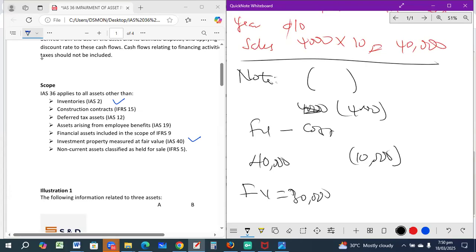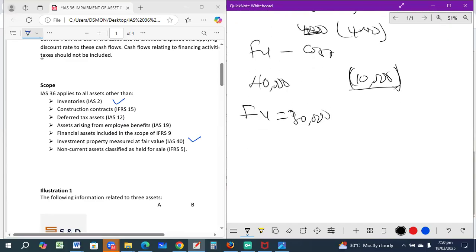So if the question says the cost to sell is put in a bracket, please remain with the amount without deducting the amount in the bracket. I repeat, be careful of amounts in brackets. If the amount is put in a bracket, it means that amount had already been deducted. If it is not in the bracket, please kindly go ahead and deduct it from the fair value.